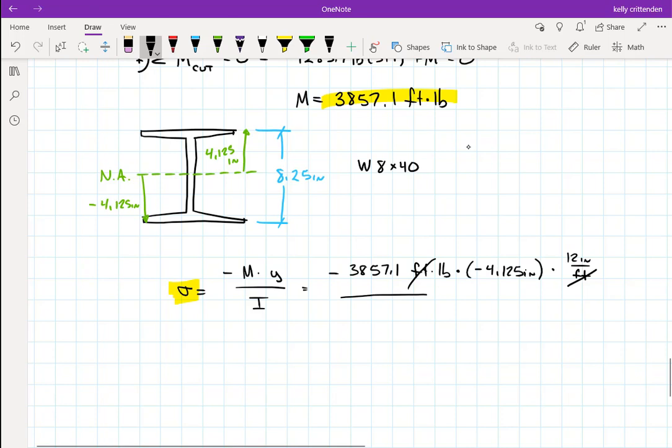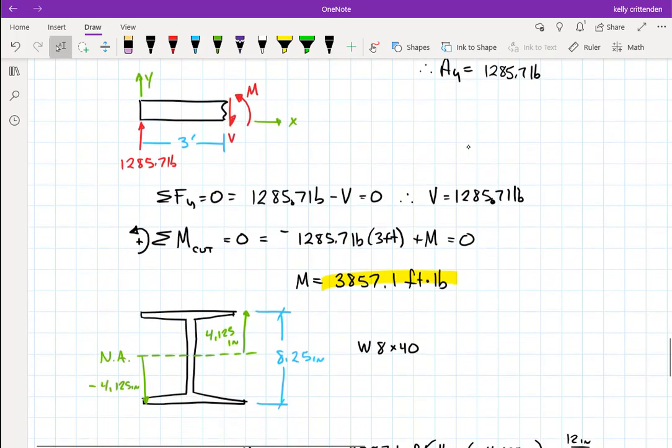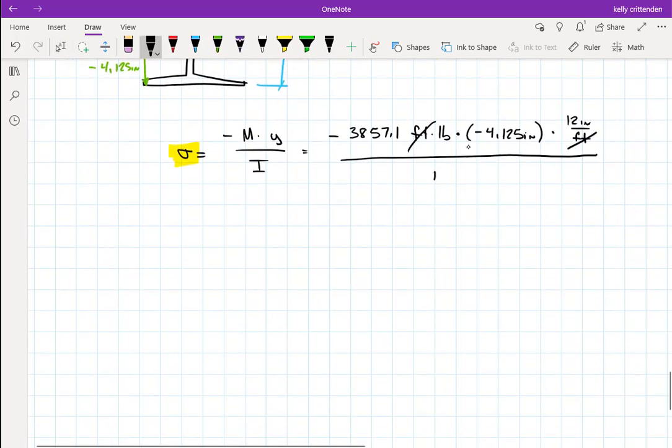And then we'll divide by, I think it was 146. I is 146 inches to the fourth. So this will give me pounds per square inch, which is PSI, which is a stress unit, so that makes sense.